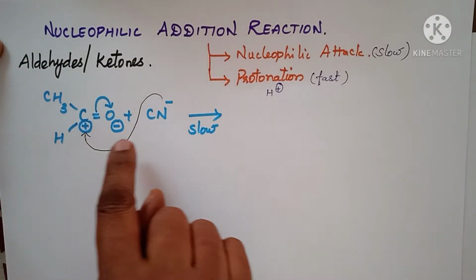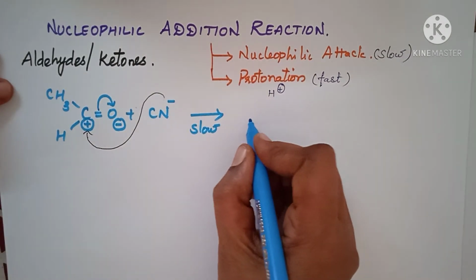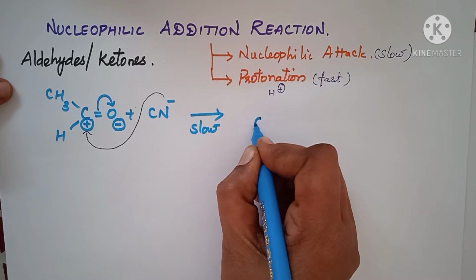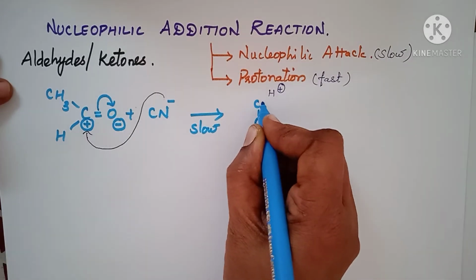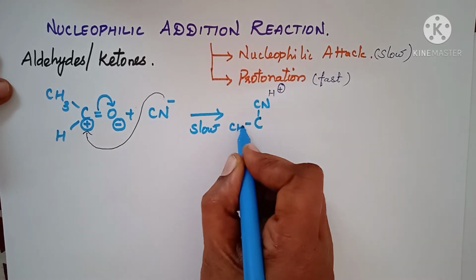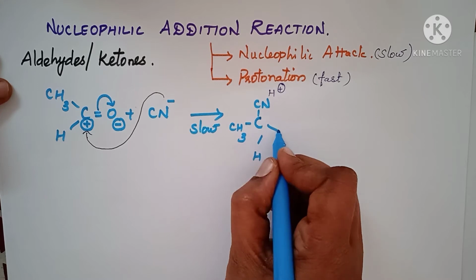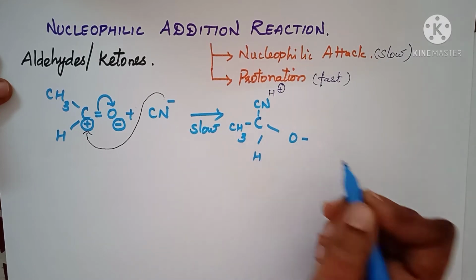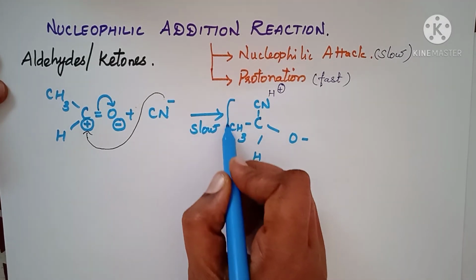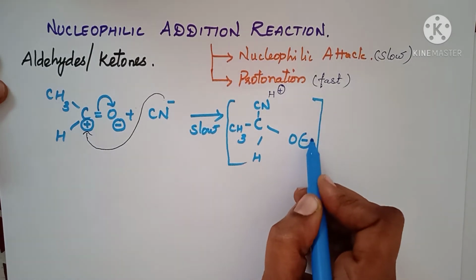So this is the nucleophilic attack. What we receive is C, here CN will come over there, then here CH3, here H, and this side O minus. This is the intermediate compound.